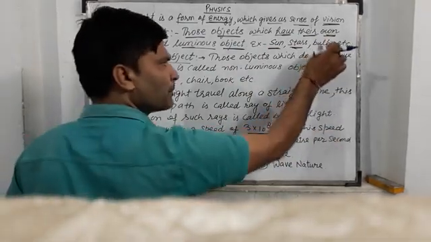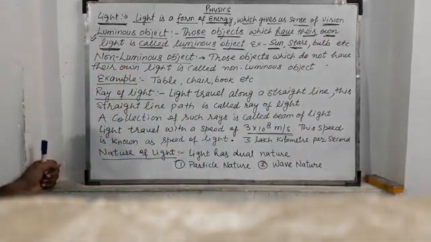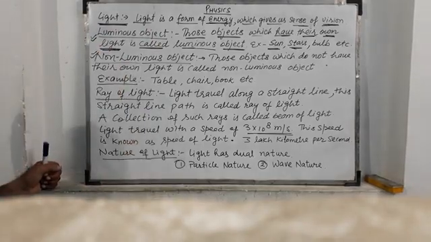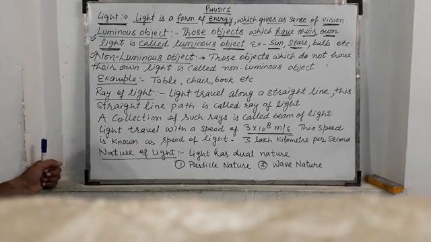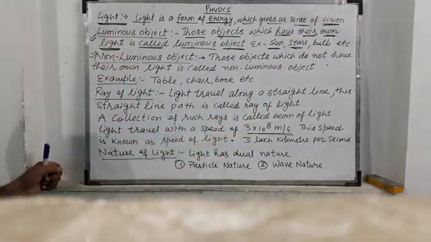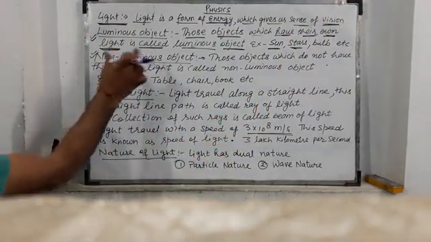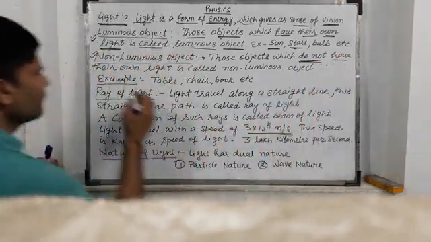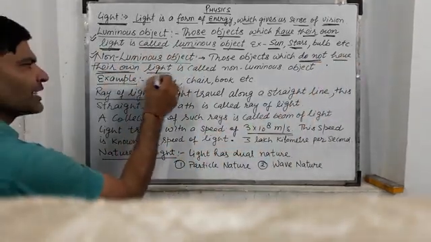An electric bulb is glowing, so it is a luminous object. Now, the non-luminous objects. As luminous objects have their own light, similarly, non-luminous objects do not have their own light.